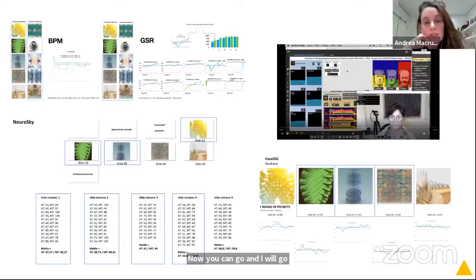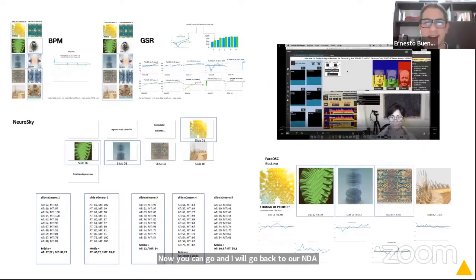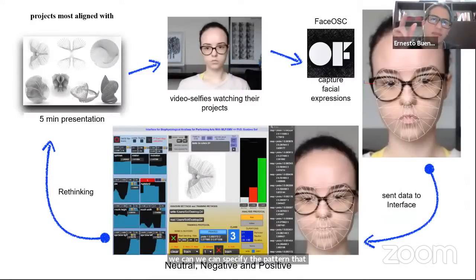Well, yeah. Our idea initially is to relate what the outcomes of this data are telling us about how people perceive those designs. So the idea is to create a large database of this information, so that we can specify the pattern that is behind some shapes and forms.